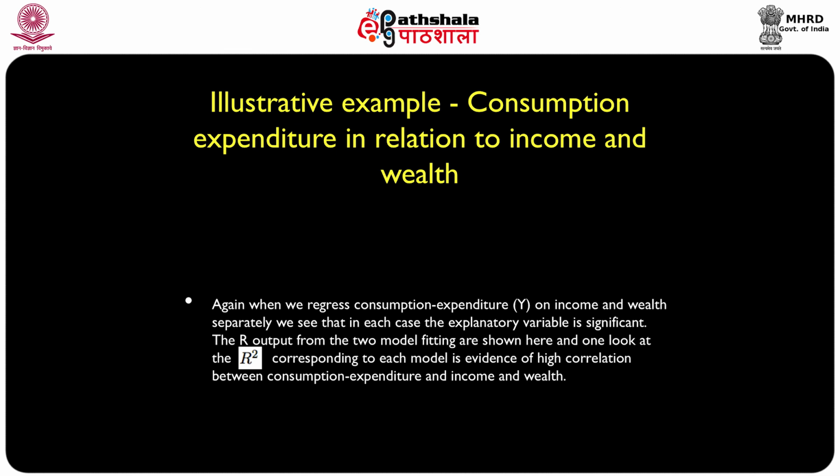Next, we regress consumption expenditure, which is our y, on income and wealth separately. And we see that in each case, the explanatory variable is significant. The R output from the two model fittings is shown in the next slide, and one look at the R squares corresponding to each model is evidence of high correlation between consumption expenditure and income, and consumption expenditure and wealth separately.